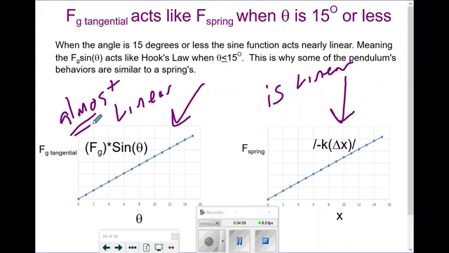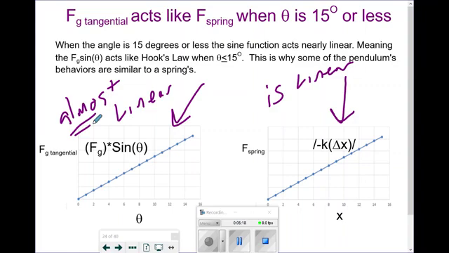And this is where people get confused going, well, if it's linear for the first 15 degrees, why is it not linear afterwards? And the truth is, it was never linear in the first place. It was just close enough that we're willing to pretend that it is. But this is why pendulums will have a limitation with pretending to be an oscillator.